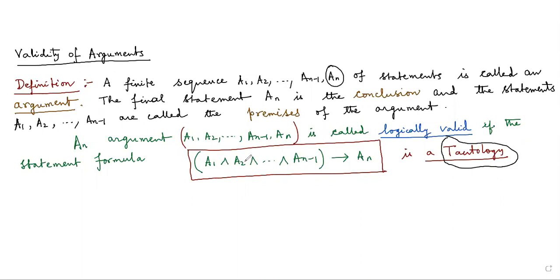We'll try to understand this by an example. If I do not give you an example, the thing will not be clear to you. So my example goes like this.